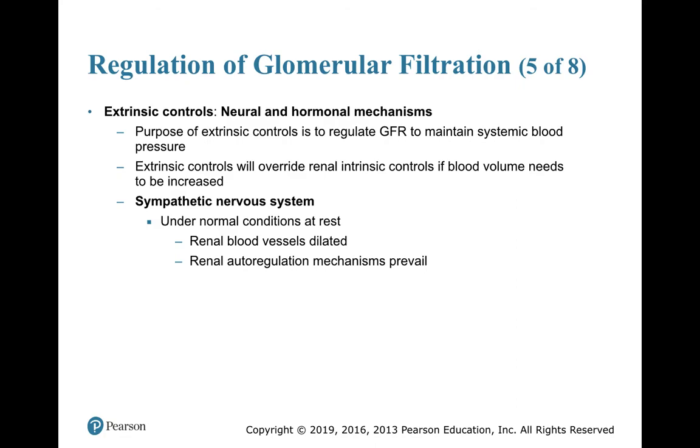Extrinsic controls from outside the kidney include neural and hormonal mechanisms. Their purpose is to regulate GFR in an effort to maintain systemic blood pressure. Extrinsic controls can override renal intrinsic controls if blood volume needs to be increased. Under normal conditions at rest, the sympathetic nervous system leaves the renal blood vessels dilated and renal autoregulation prevails.